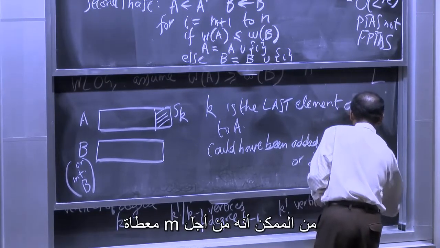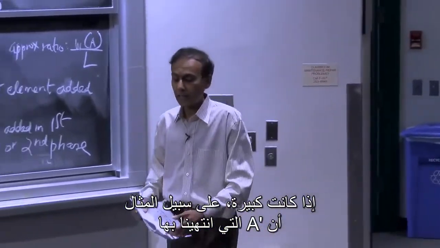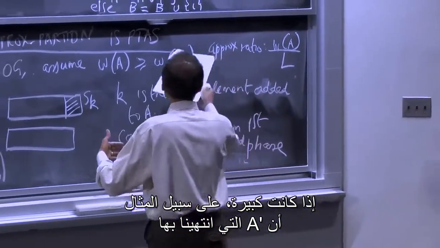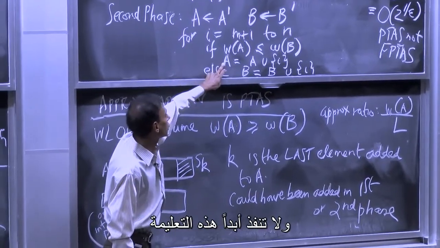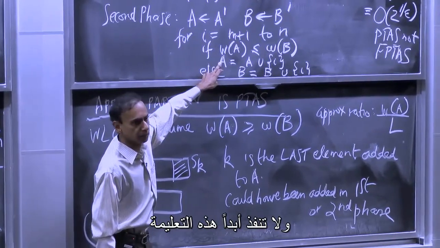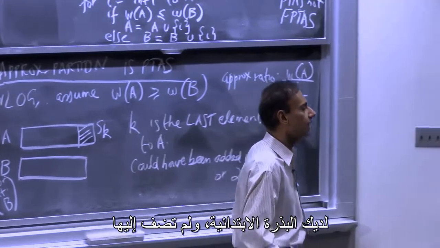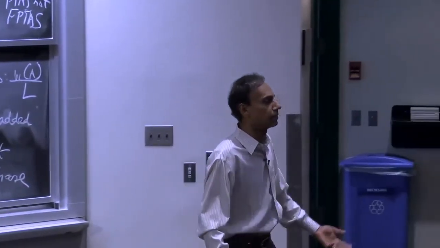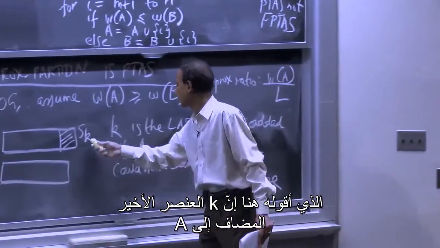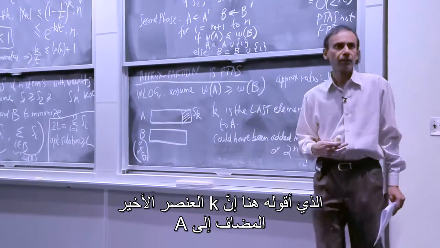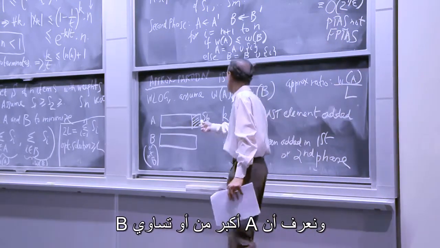It's quite possible that for a given m, if it's large, for example, the A prime that you end up with is your A to begin with, and that you never execute this statement. You got your initial seed and you never added to it, because your m was large. So what I'm saying here is K is the last element added to A. There's clearly a last element. I'm just marking that, and we know that A is greater than or equal to B.